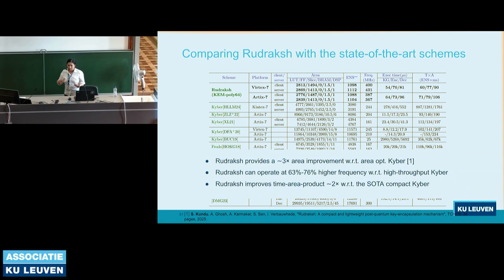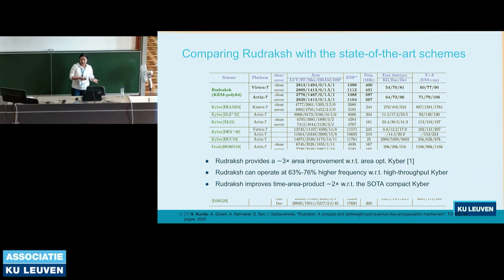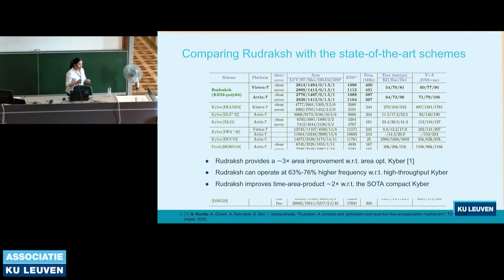So our newly designed scheme Rudraksh provided quite a good benefit. It was area efficient on hardware, it also provides time-area improvement, and on chip it provides a very good energy-area product, almost 5x improvement. So by tweaking those things, you actually can make better schemes.